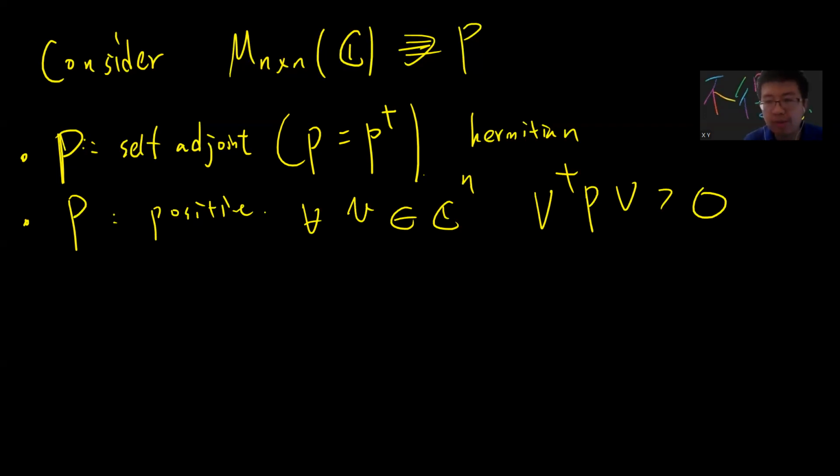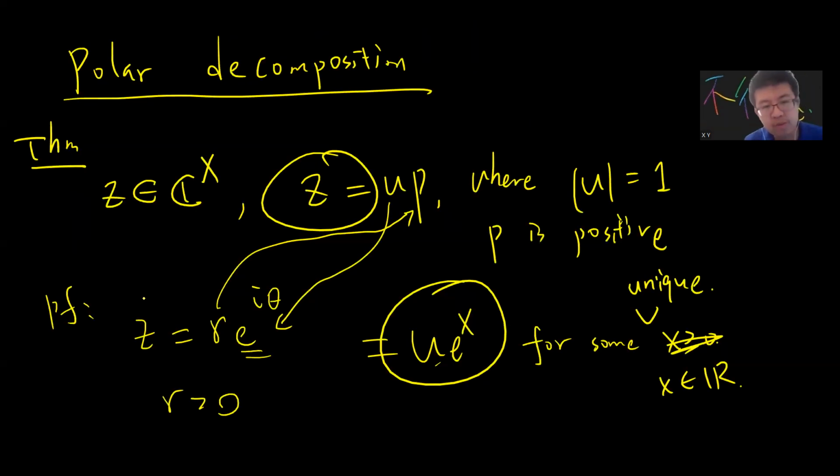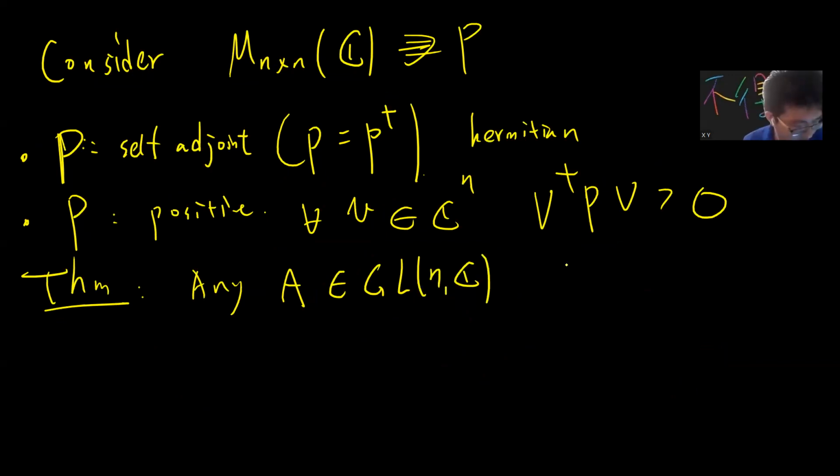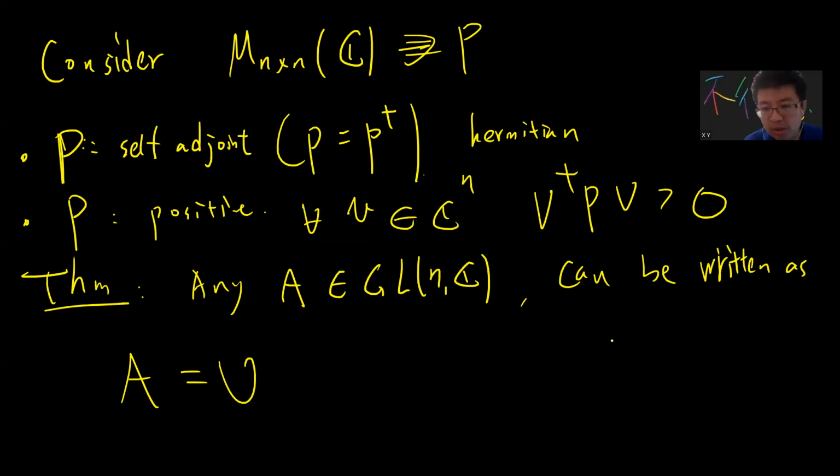So now let's state the polar decomposition. Theorem. In the previous one, the only condition was that z is non-zero. In the matrix case, we just need invertible. Any matrix A in the general linear group of n by n invertible matrices can be written as A equals UP, and by the way, this is unique.